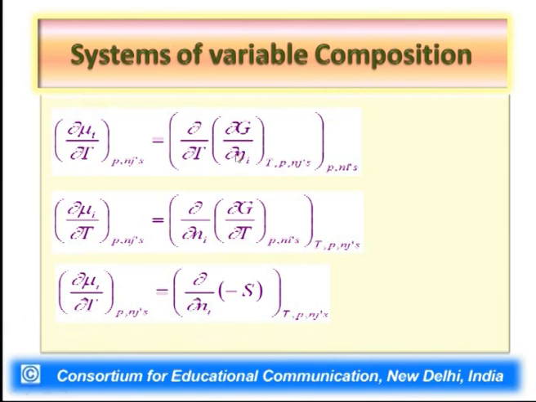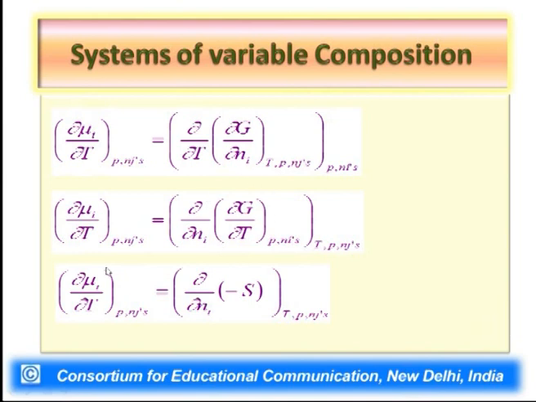Not only this, the conditions under which the two differentials were considered also need to be interchanged. So, the inner subscripts should be replaced with the outer ones, and the outer subscripts should replace the inner ones. So, what we get is del mu I by del T at constant P and Nj is equal to del by del Ni times del G by del T under the condition of constant pressure and Ni's, and overall the conditions kept constant are temperature, pressure, Nj's.